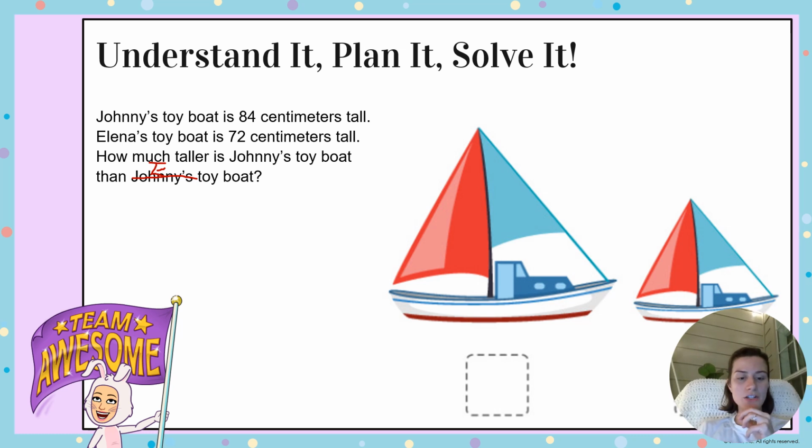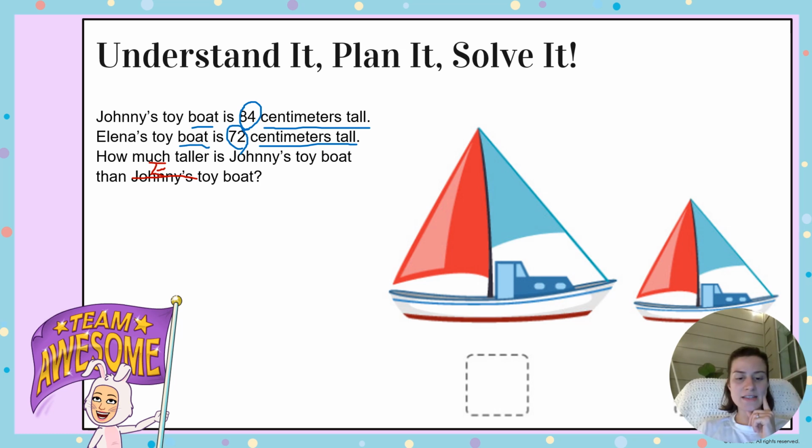Let's go ahead and underline what we've been given. So I know that Johnny's toy boat is 84 centimeters tall. I know that Elena's toy boat is 72 centimeters tall. We're working with boats here, so I'll go ahead and underline the word boat just so I remember.